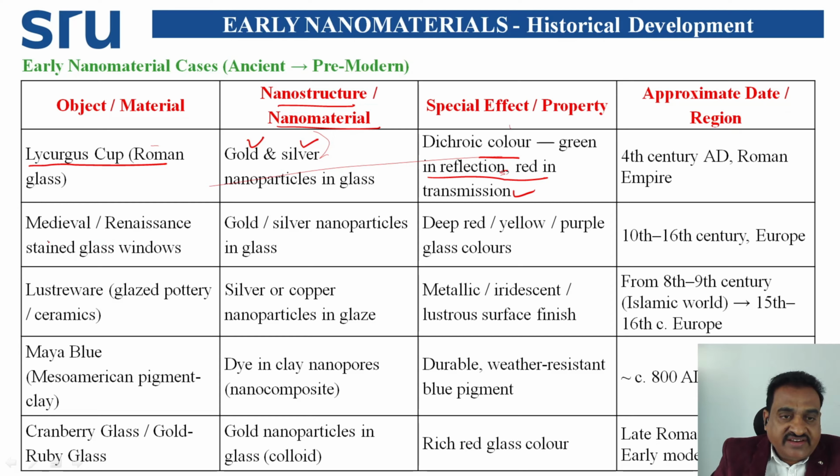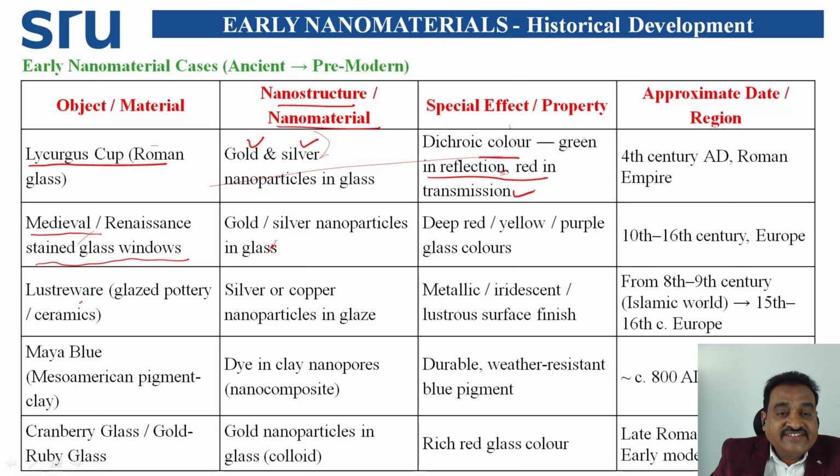Here you can see a medieval stained glass window. Gold and silver nanoparticles are used in this glass. The special color effect is deep red, yellow, or purple. The time is 10th to 16th century Europe.